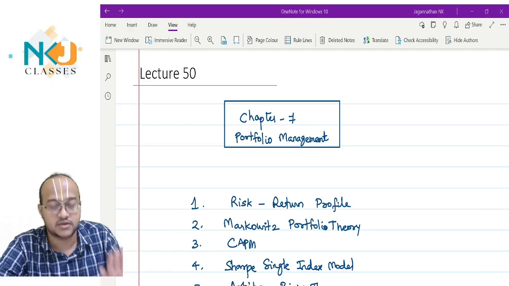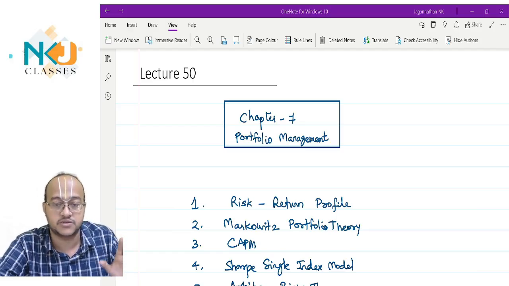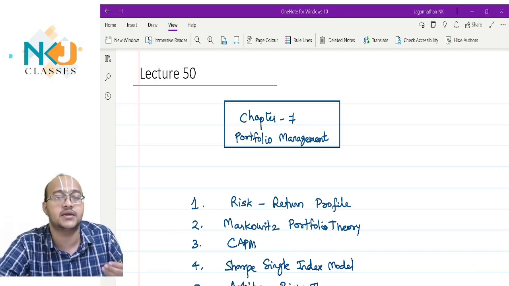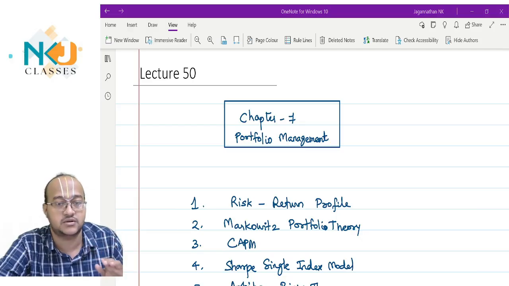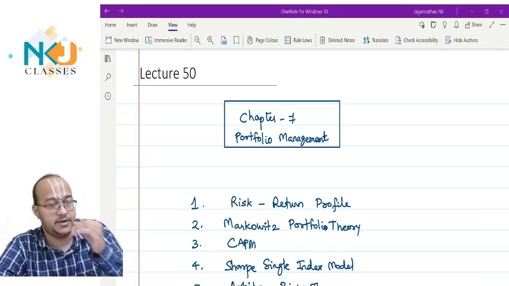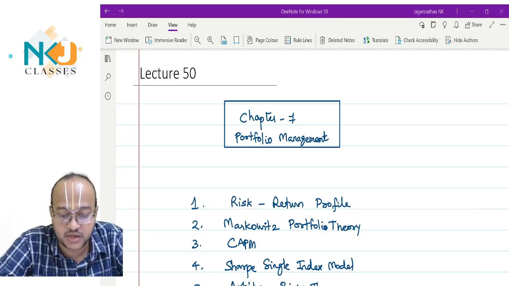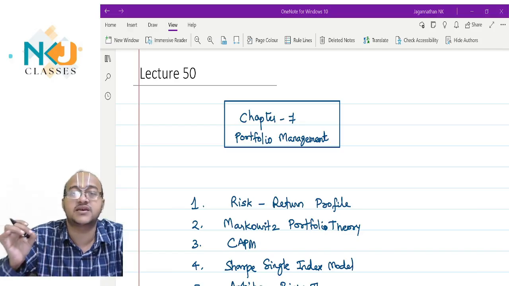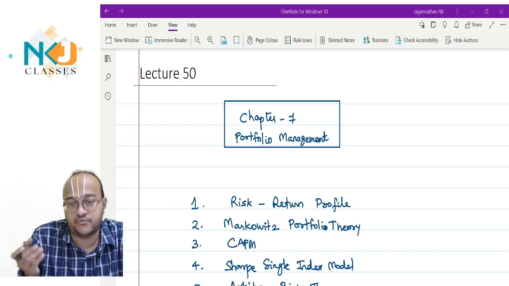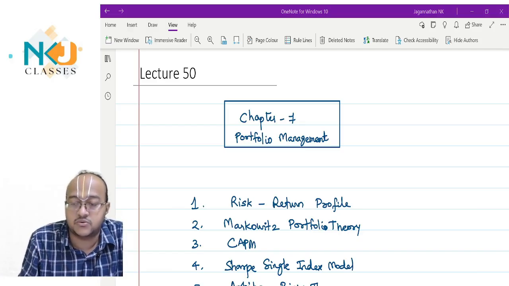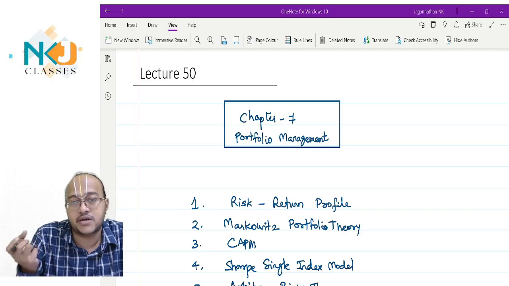All these discussions are reserved for the portfolio management chapter. Here, predominantly, how to find KE will be your discussion, and you need to understand why you need to find KE. Every security will not have the same risk. I told you, a Government of India bond will never have any risk involved, right? So you need to quantify the risk.